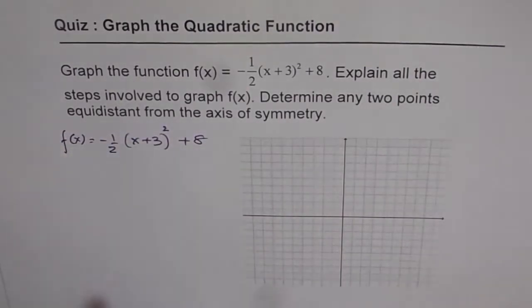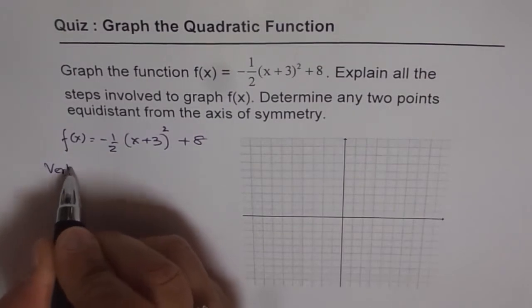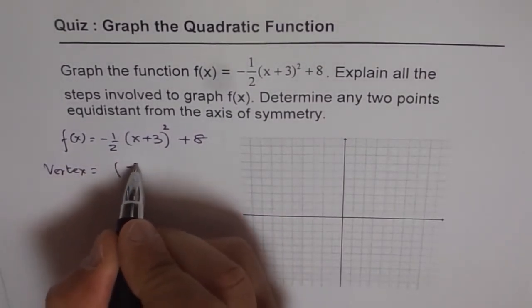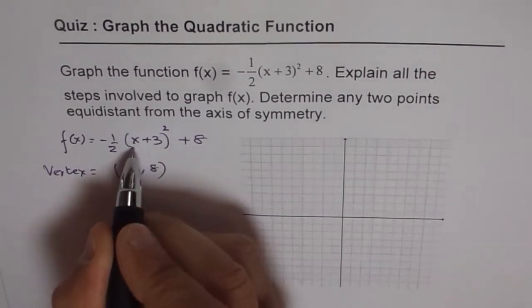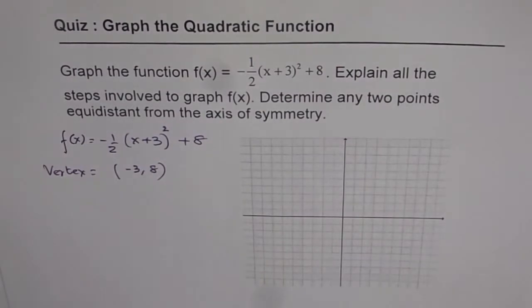When you see the function, first thing, vertex form, so get the vertex. The vertex is (-3, 8). If you plug in minus 3 here, it gives you a 0 value, and at that value, the value is 8. So that is the starting point.